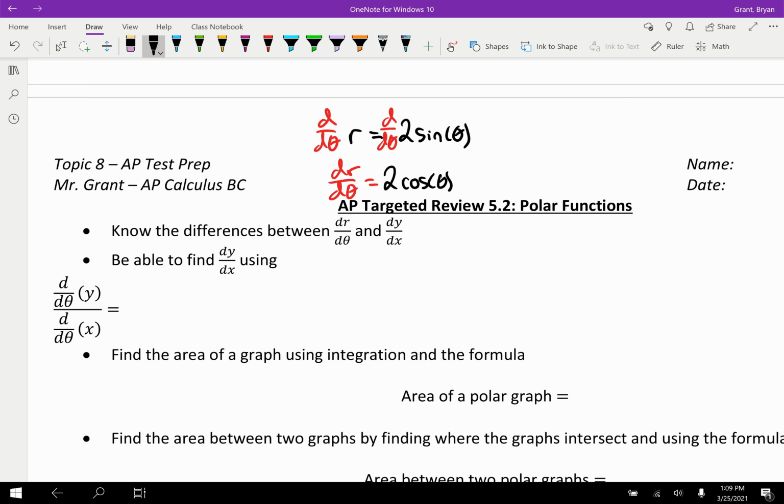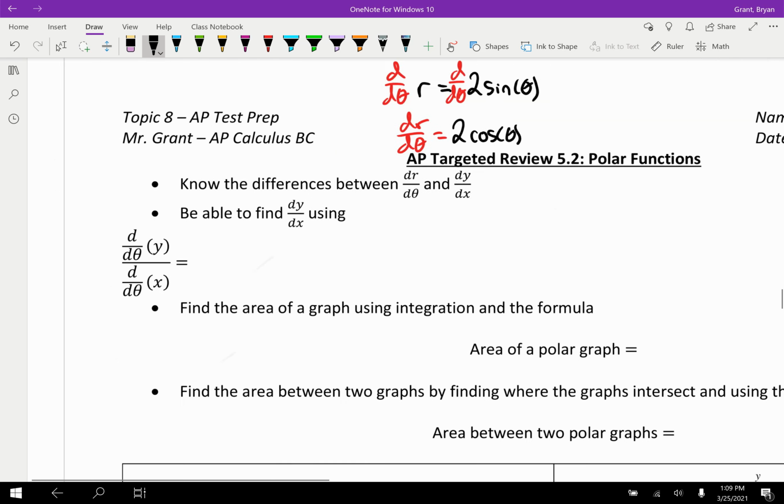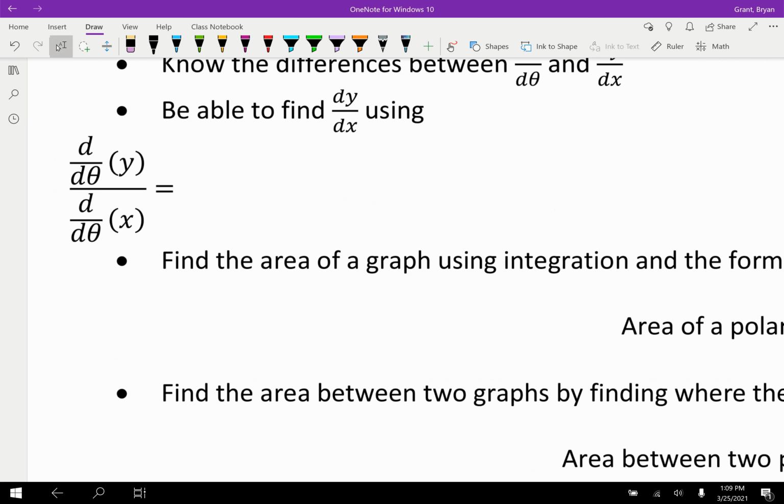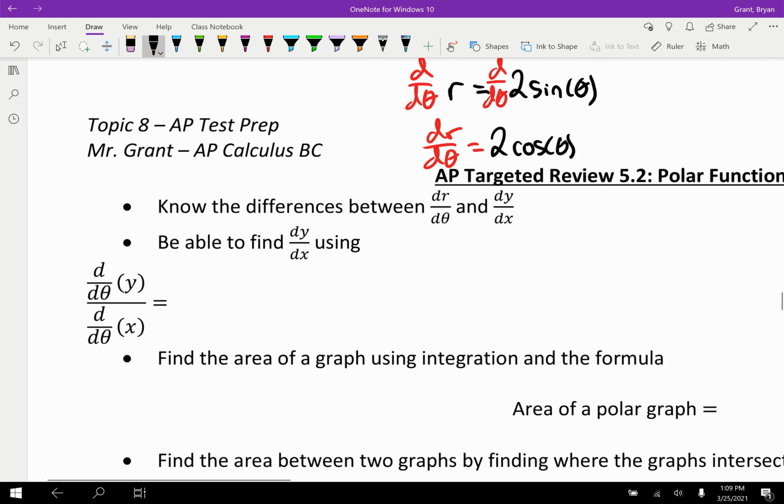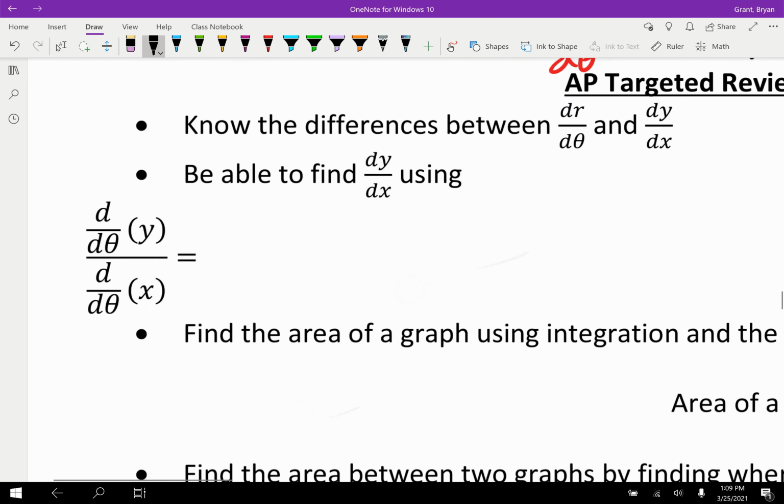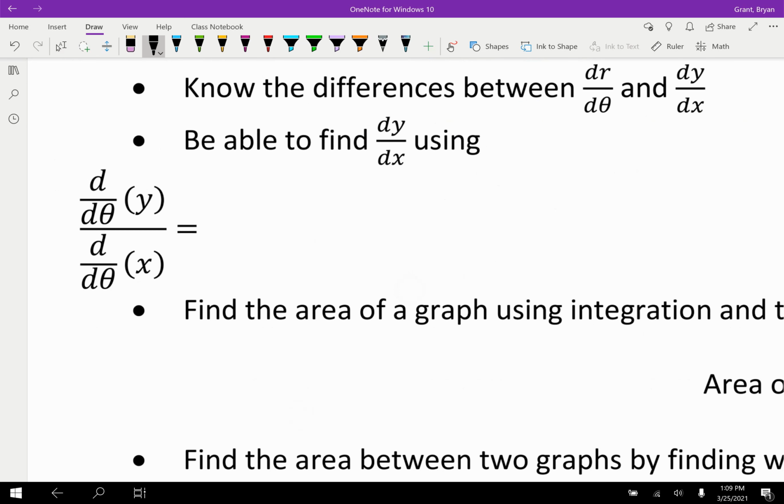dy dx, though, is trickier. dy dx is like our slope of a tangent line. And so it is very, very similar to parametric equations where it's y and x, but now it's not dt anymore because our independent variable is theta. It's d theta of each of these. And I don't have this next part fully memorized. I really don't.